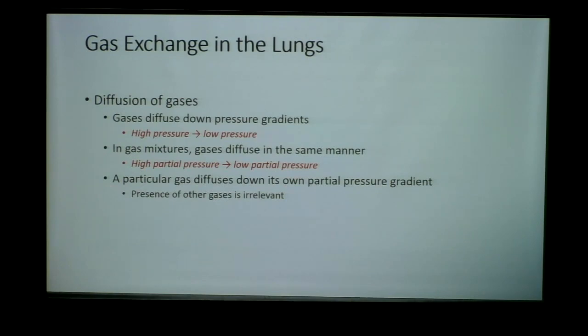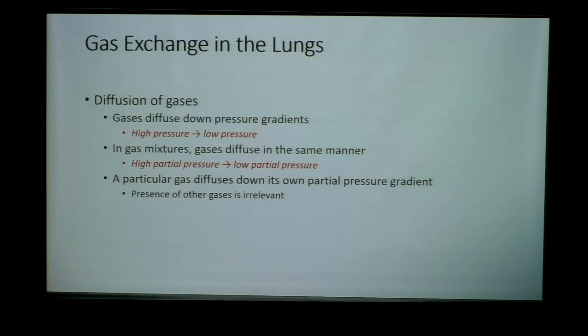And we also want to point out that the other gases do not influence the movement of an individual gas. So in the mixture of air, we've got CO2, we've got nitrogen, oxygen. The movement of oxygen is only dependent on the partial pressure of oxygen alone.